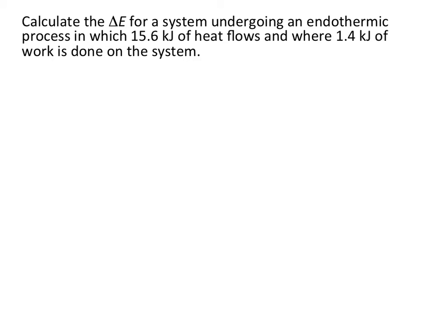So remember from our previous slides, our delta E is equal to Q plus W. Now, they've given us the numerical values for Q and W, respectively. However, they have not given us the signs. However, based on the way the question is written, we can determine the sign of each of these.